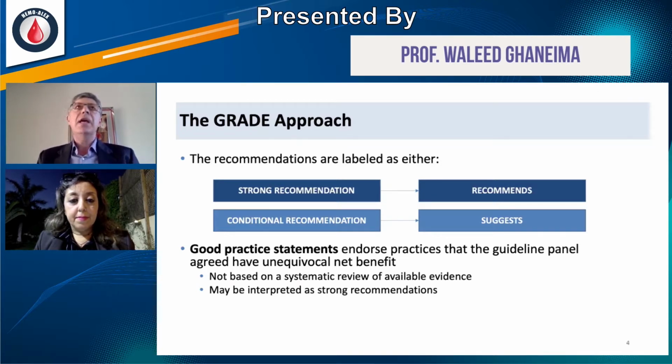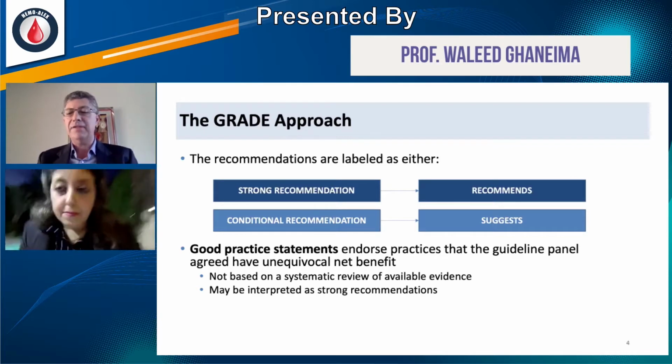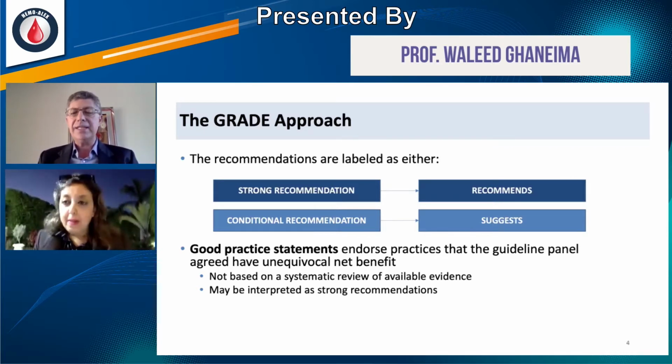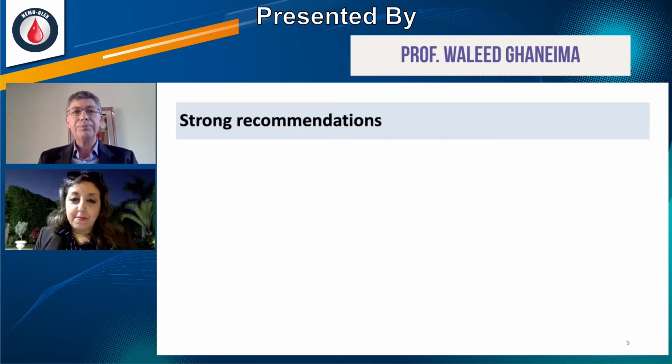For example, if a patient comes with major bleeding, will you give platelets or not? We don't have evidence from studies showing that giving platelets helps, although we have some evidence, but this is just an example. Even if we don't have evidence, they can make a strong recommendation saying that it is logical to give this, it's life-saving. So sometimes we see it as a strong recommendation.